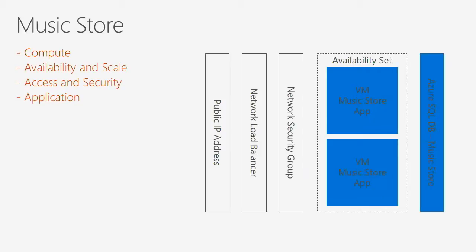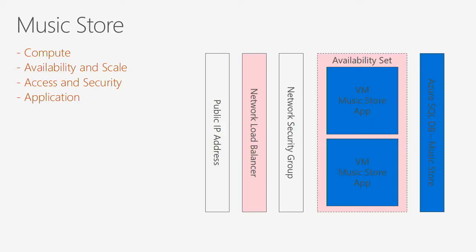Let's get the virtual machines and the database up and running. Then let's talk about how to scale this thing and make it highly available. In order to do this, we're going to put the VMs behind a network load balancer. This way we can deploy multiple of these VMs. They're all hosting the same web app, and as traffic comes in, it's routed to one of the VMs.